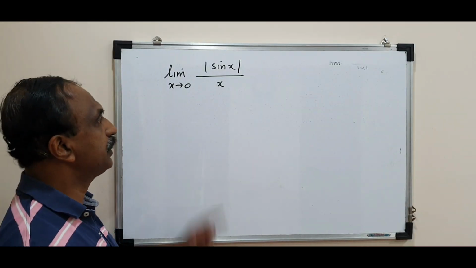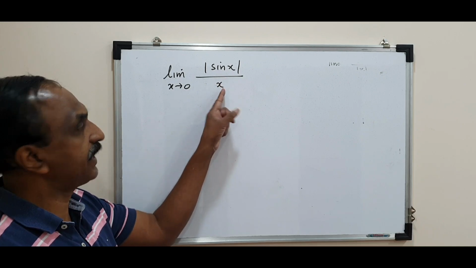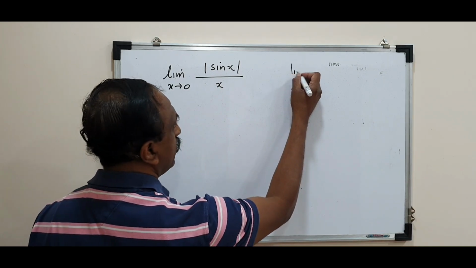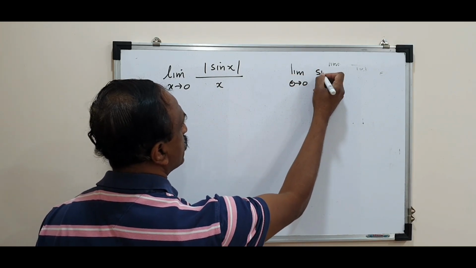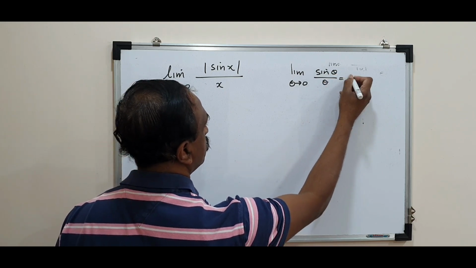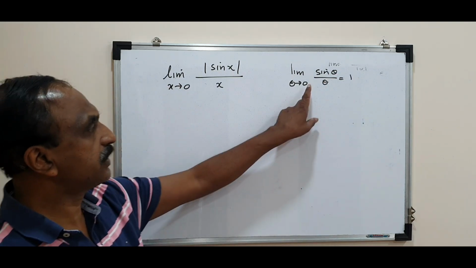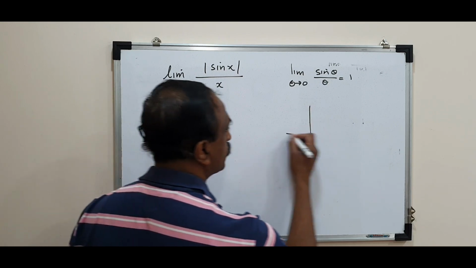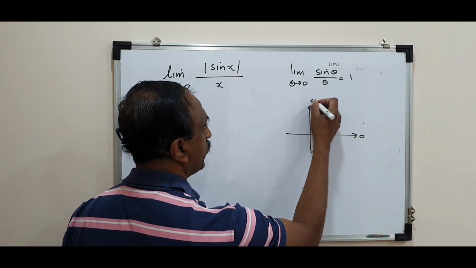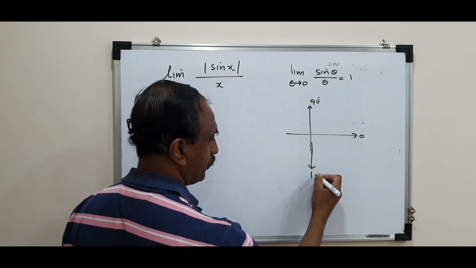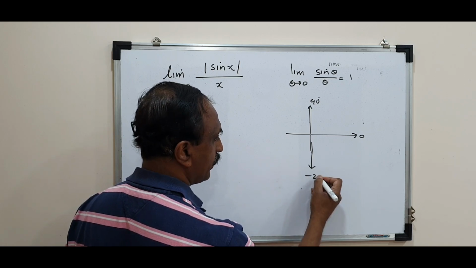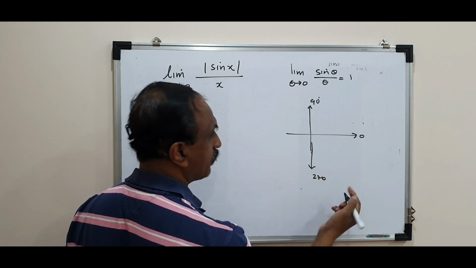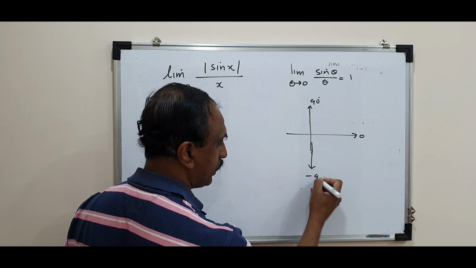Look at this function: limit x tending to 0, modulus of sin x upon x. We know that limit theta tending to 0, sin theta upon theta is 1. In this case, theta can be in the first quadrant, at 0, 90 degrees, 180 degrees. Sorry, 270 degrees, or minus 90. It's better to say minus 90.